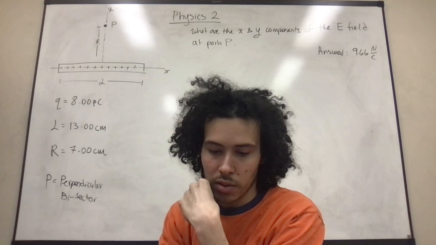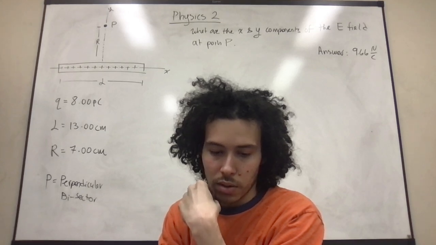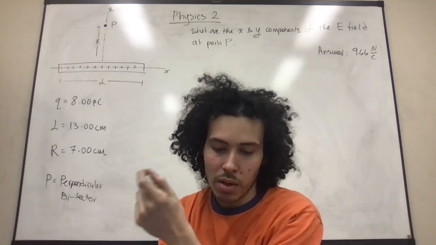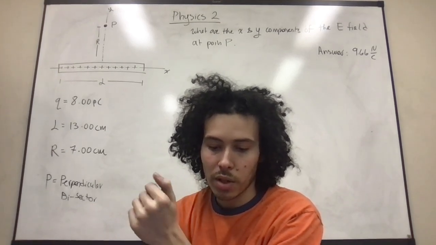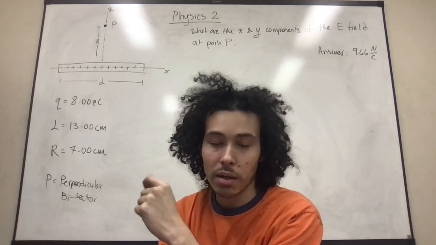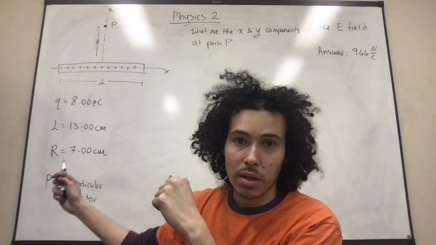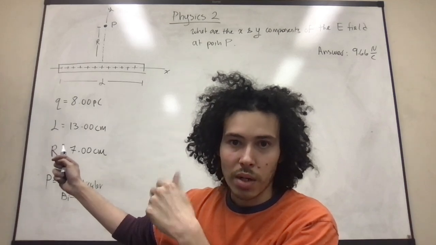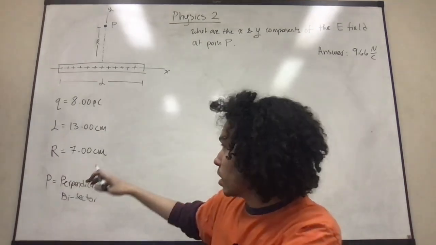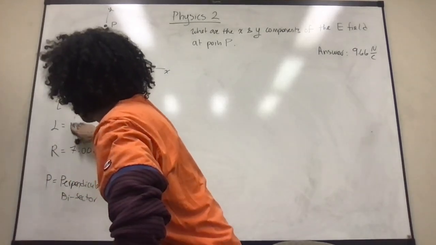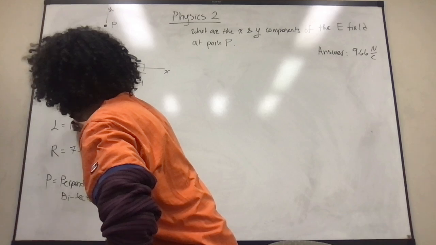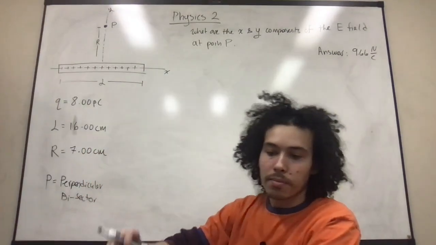Let's see how the book puts it. There's a positive charge of 8.0 picocoulombs spread uniformly along the thin, non-conductive rod of length 16 centimeters.